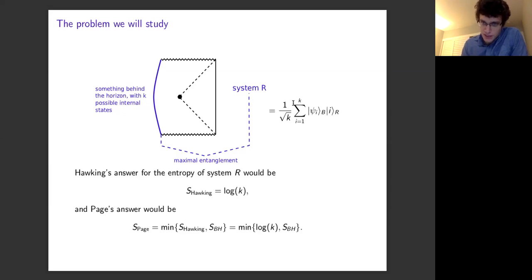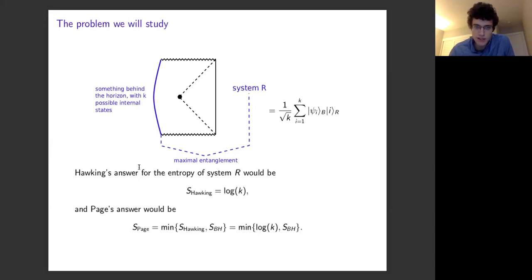And we're going to consider this state here, a superposition of k different terms, where the reference system is in state I, and then the black hole system is in a state psi I, where what psi I means is we have a state of the black hole where the thing behind the horizon is in state I. So thing behind the horizon in state I, and radiation in state I. And we've taken the entangled sum. Okay, so the whole game will be to try to compute the entropy of the radiation system R.